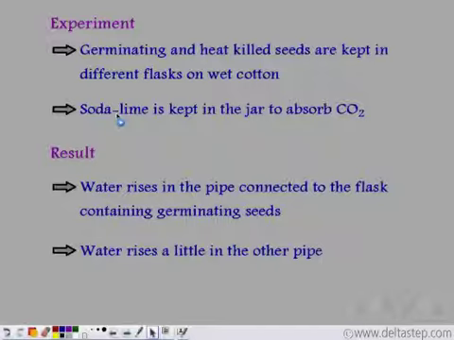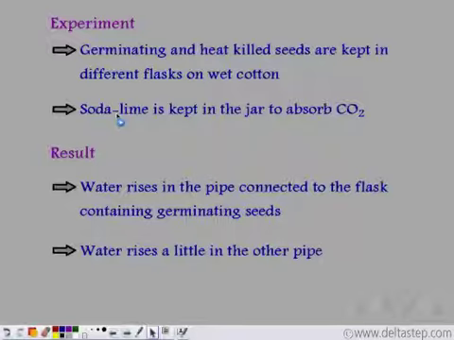Now, what is the reason for this? Let us try and find out the reason for this water rising effect. Well, the solid soda lime absorbs carbon dioxide, thus the air pressure decreases a little in the conical flask.